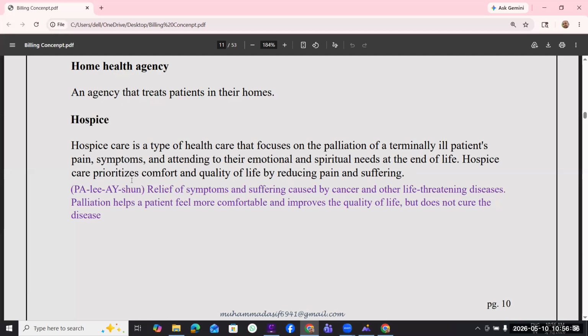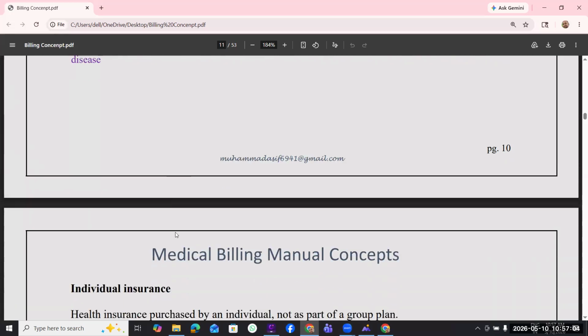Hospice care prioritizes comfort and quality of life by reducing pain and suffering. Palliation: relief of the symptoms and suffering caused by cancer and other life-threatening diseases. Palliation helps a patient feel more comfortable and improves quality of life, but does not cure the disease. So that comes under hospice.